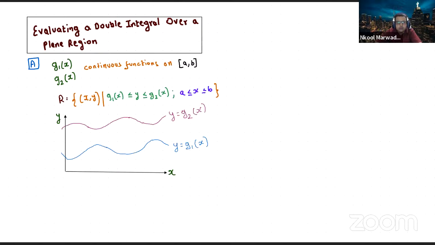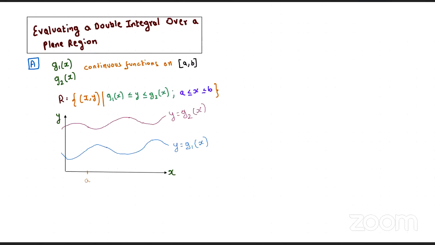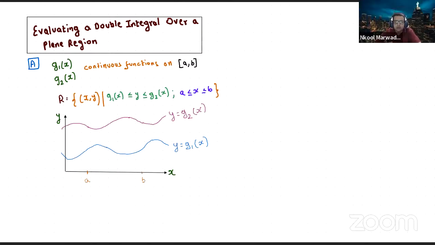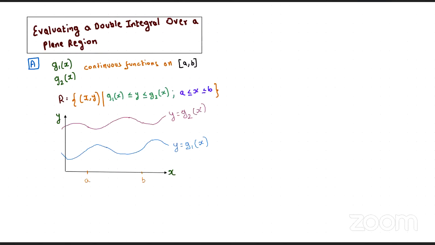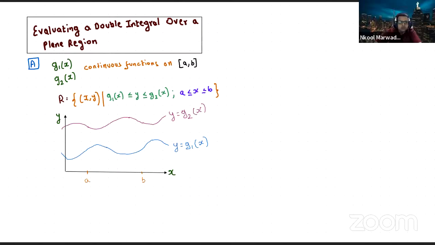Now I have two values, x equals a and x equals b, and I am interested in analyzing the region between a and b. So I can draw two vertical lines emphasizing this.